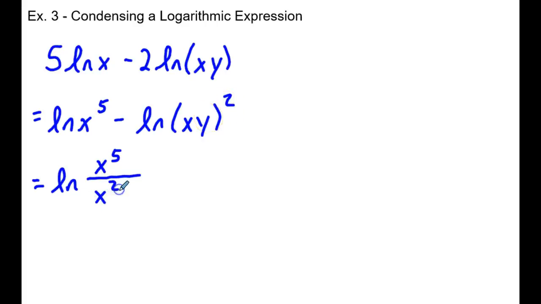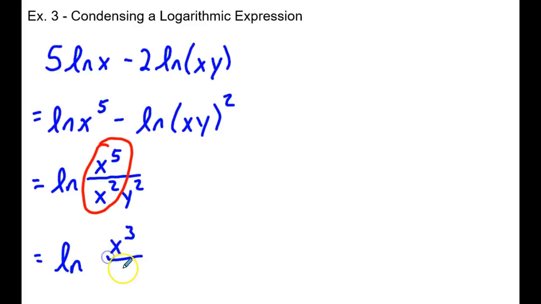So over x squared times y squared. Now looking at this, we have a common base x being divided, so we can simplify that by subtracting those exponents. Last step, we have the natural log of x cubed over y squared.